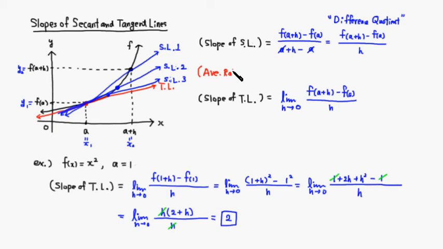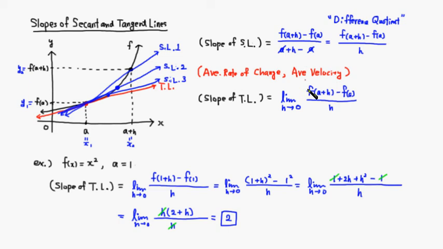If the original function happens to be a position function, you can also call it the average velocity. So if somebody says average rate of change or average velocity, you can think of it as the slope of a secant line.